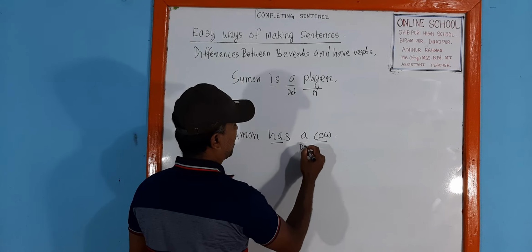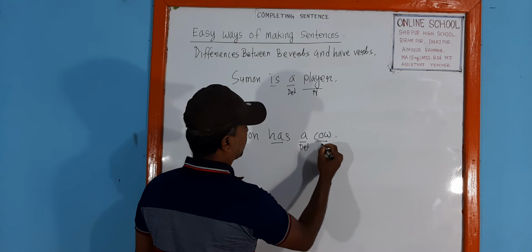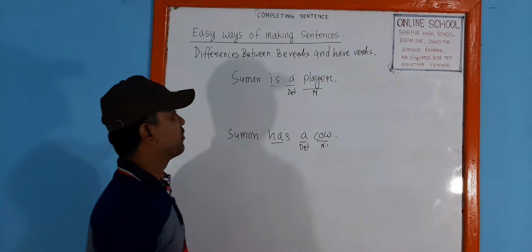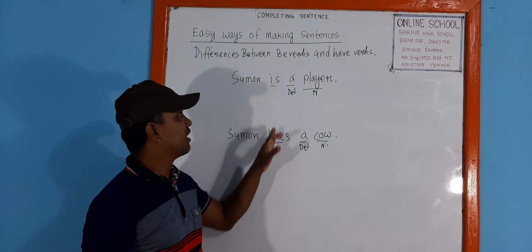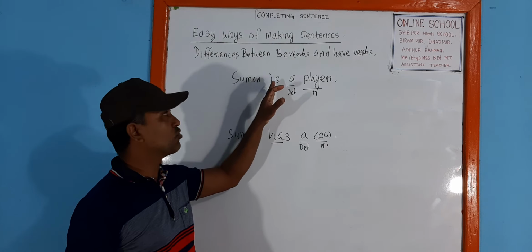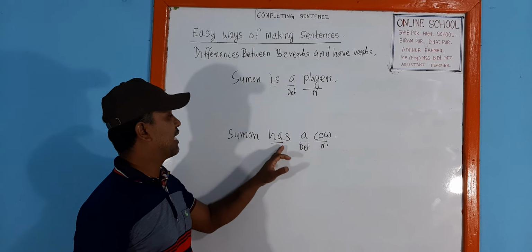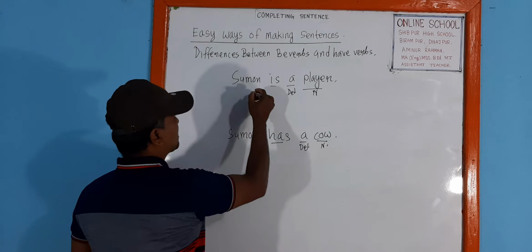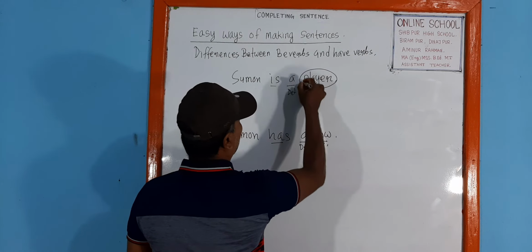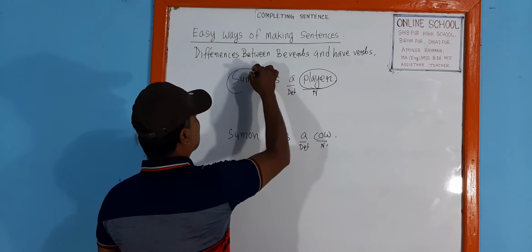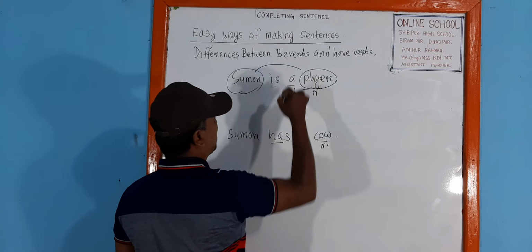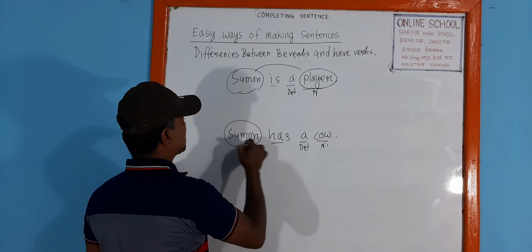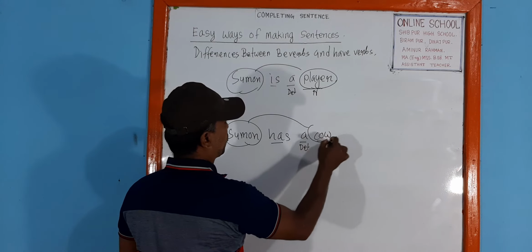A is the determiner and cow is the noun. Okay, but can we set has at the place of is, and also is at the place of has? No, because please look at this. A player, Shumon has the power to be a player, but Shumon has no power to be a cow.